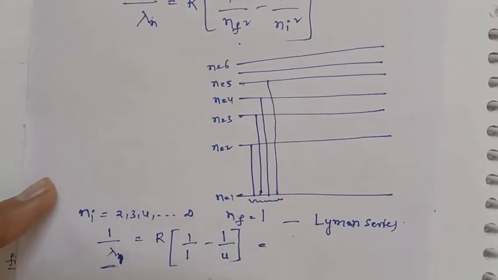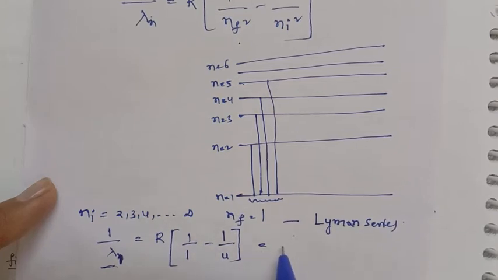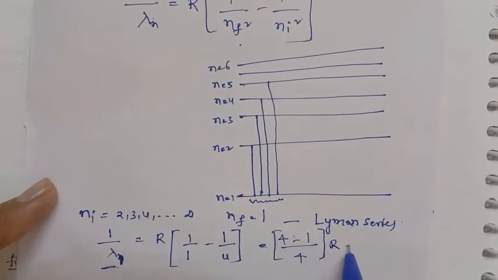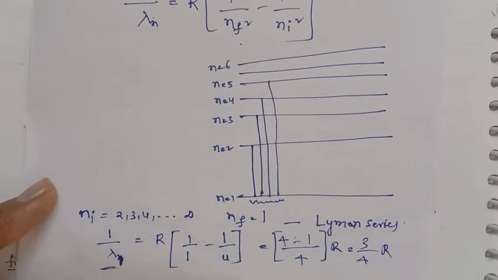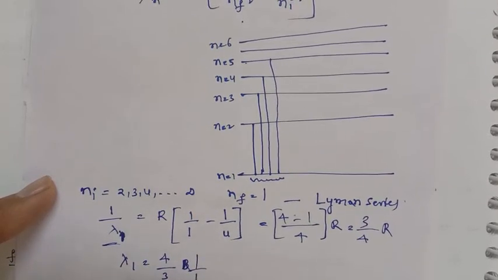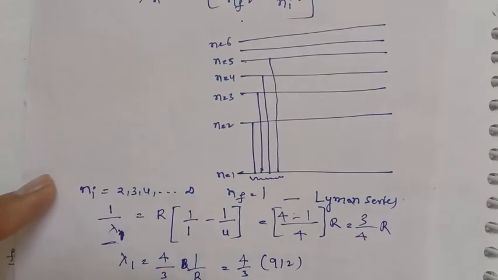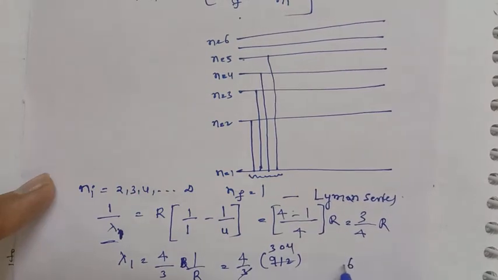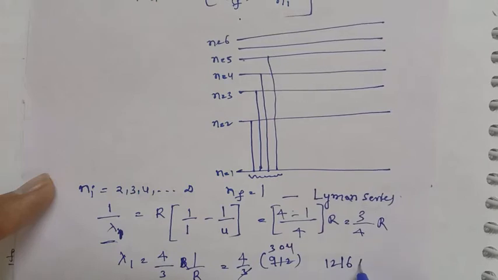At that time, what value are you getting? The LCM is 4, so 4 minus 1 into R, that is equal to 3 by 4 into R. So 1 by lambda 1 is equal to 3R by 4, then lambda 1 is equal to 4 by 3 upon R, that is 4 by 3 into 1 by R, which is 912 angstroms. 3 3s are 9, 3 4s are 12, 4 4s are 16, 4 3s are 12: 1216 angstroms.